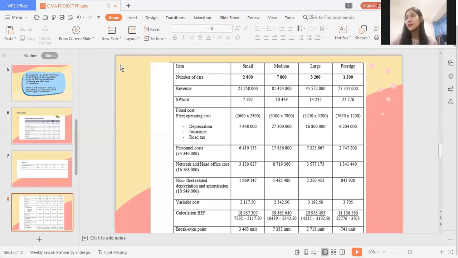The total variable cost per car is 3,705. The break-even point for prestige is 741 units, which we get from the calculation 14,136,560 divided by selling price minus variable cost.